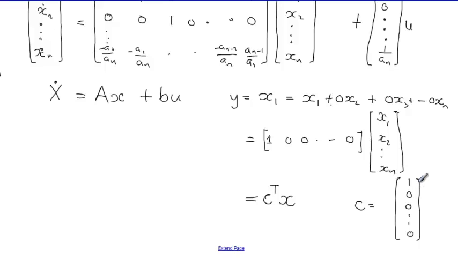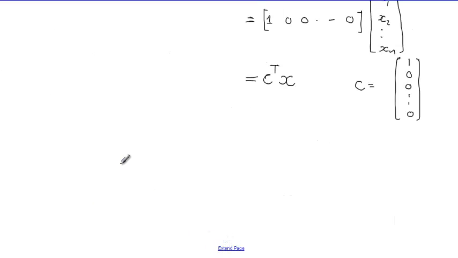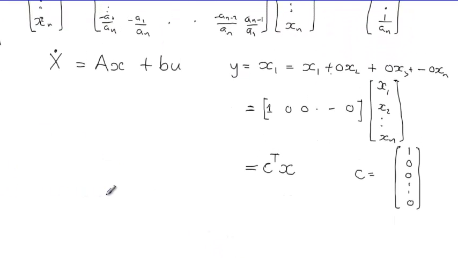So now having y in this way, we can now represent what we call the state space representation of a dynamic system as x dot equals Ax plus Bu, and y equals C transpose multiplied by x.